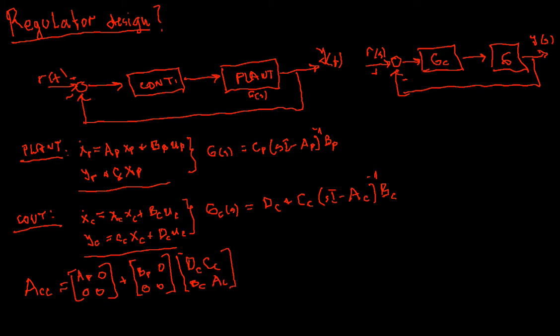I need to make a small correction here: this term here is identity, it's not zero. Here is identity, and this has been demonstrated in the previous lecture.